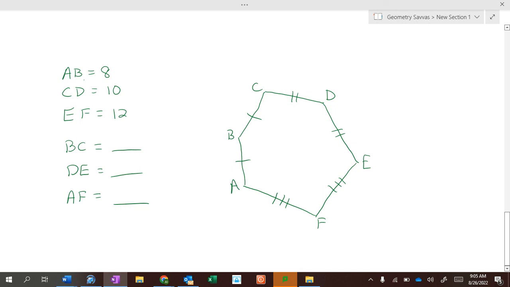So how long is BC? 8, because BC has 1 tick mark just like AB does. How long is DE? 10, because DE has 1 tick mark just like CD does. And how long is AF? 12, because AF has 3 tick marks just like EF does. So know how tick marks work. That's a little review of what you did in section 1-1.